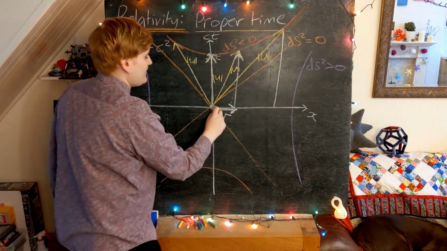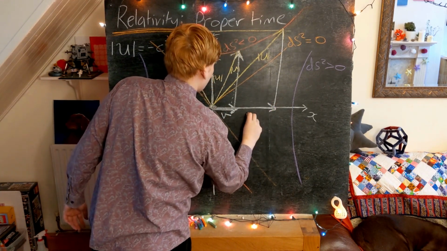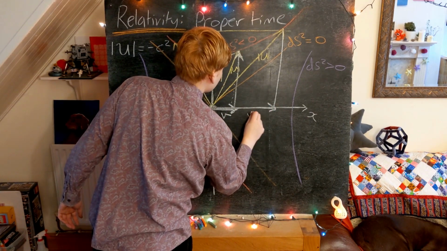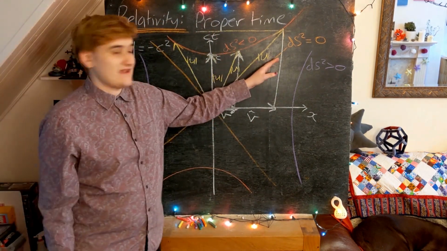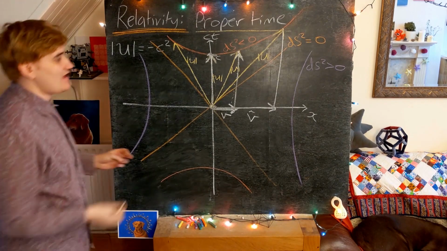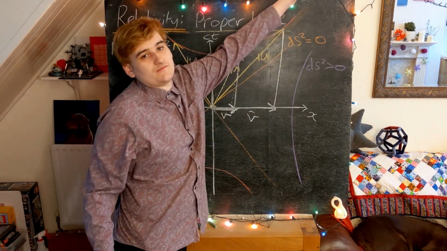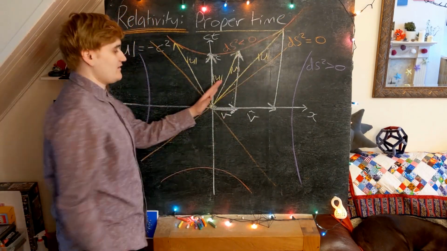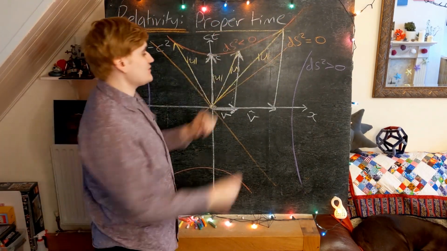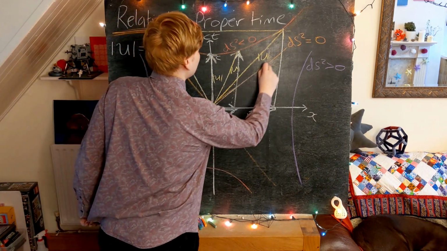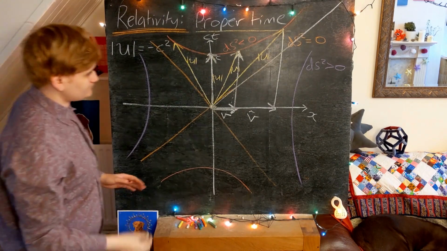So this observer here is going to be moving with a much, much faster coordinate velocity than this observer. And as we keep tracing out this hyperbola, our arrow is essentially going to tend to, or limit to, this 45-degree light cone vector.